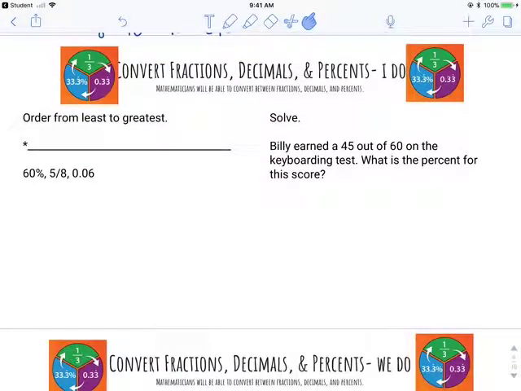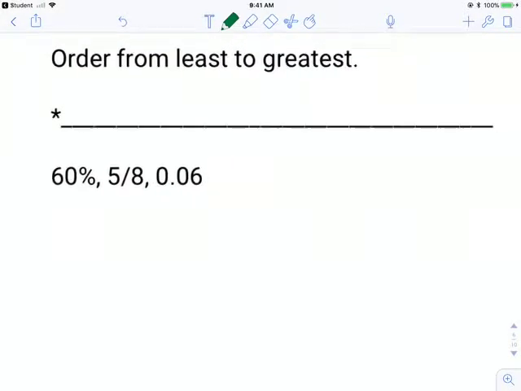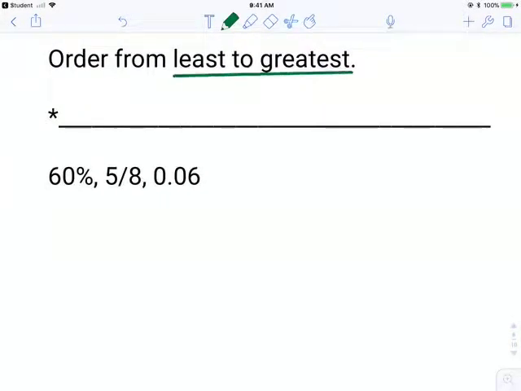Sometimes we don't just have to order them least to greatest, but when we order them, we have to actually change them all into the same form in order to compare them. So if I'm looking at this problem, I'm going from least to greatest. I prefer to go into all percents. If you prefer to go into decimals, you can do decimals, or if you prefer fractions, but I think it's very easy to compare percentages.